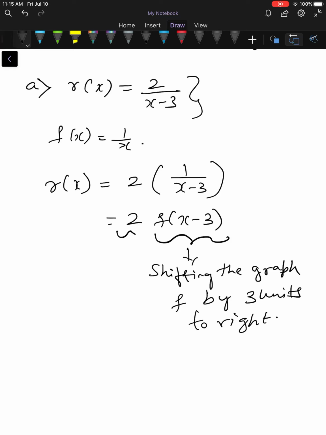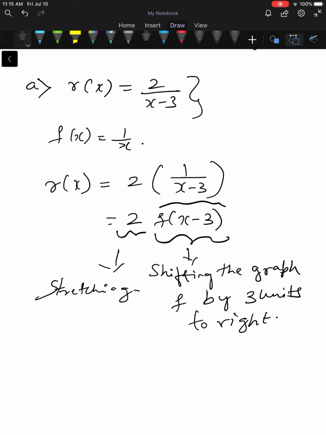And if you multiply by 2 after shifting, you are stretching vertically by a factor 2. So this becomes very easy. And we know what the vertical asymptote for 1 over x is. It is nothing but x is equal to 0.